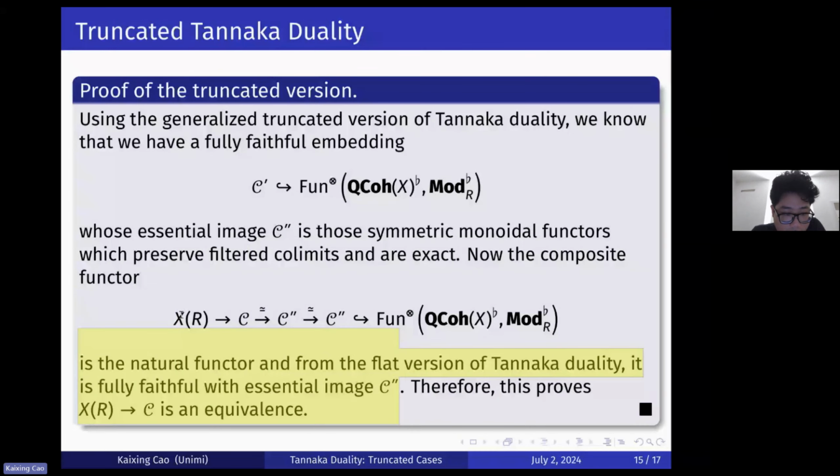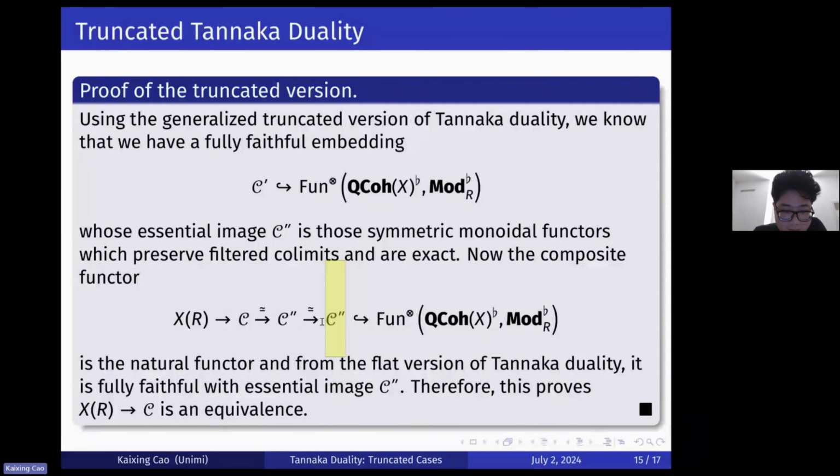So our goal is to prove this functor is an equivalence, but we have shown that the geometric stack can be recovered from the flat quasi-coherent sheaves of X. So we know the composite functor is fully faithful, and the essential image is just this one.